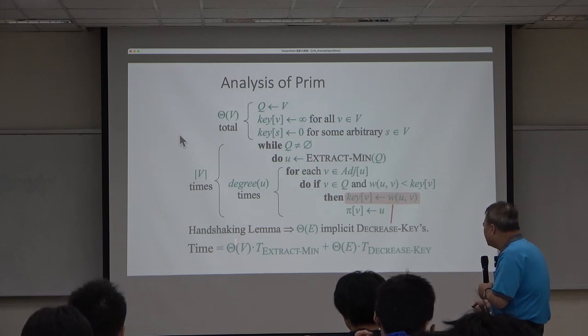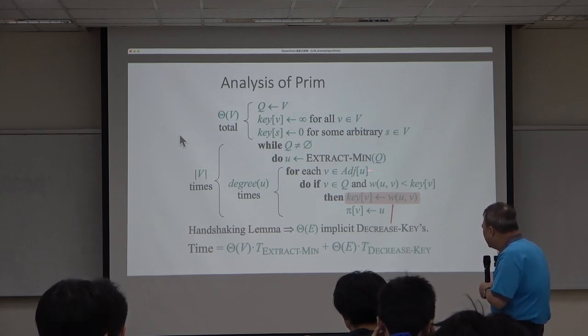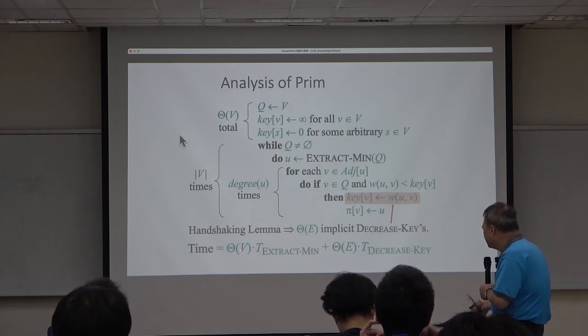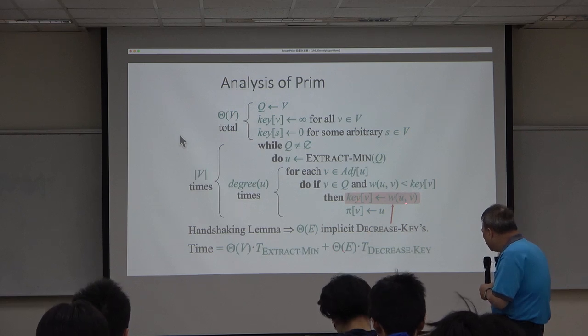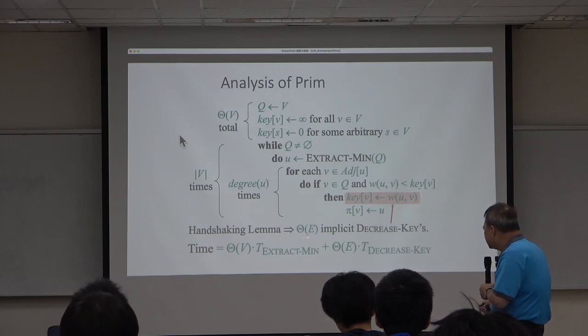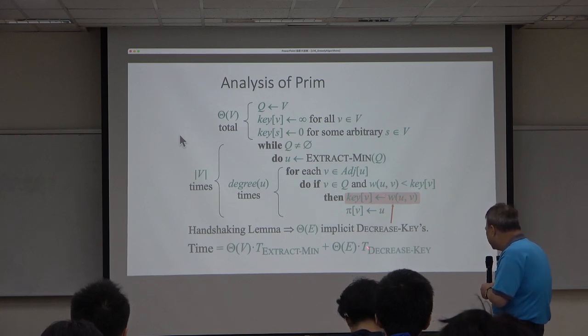Remember I told you, here you need to pay something to extract the min from your priority queue, which is usually a tree. The total number of times to run this statement is theta E, and this one is decrease key. This is extract min, this is decrease key.